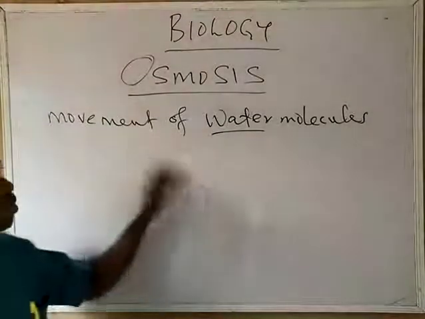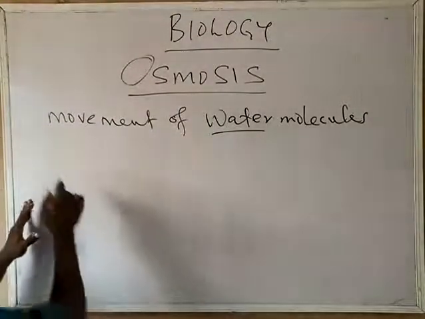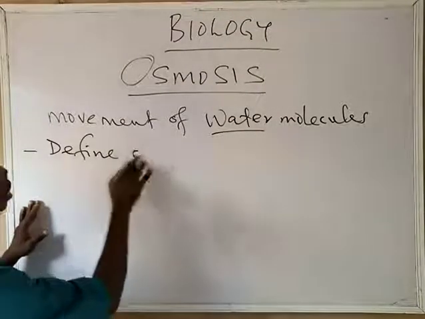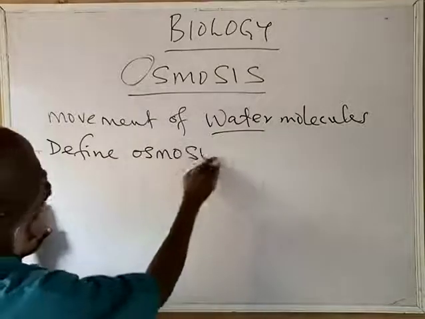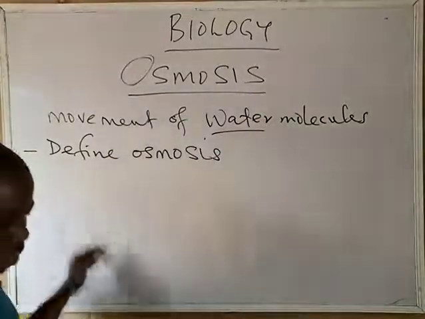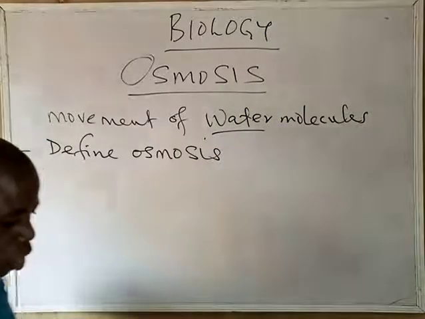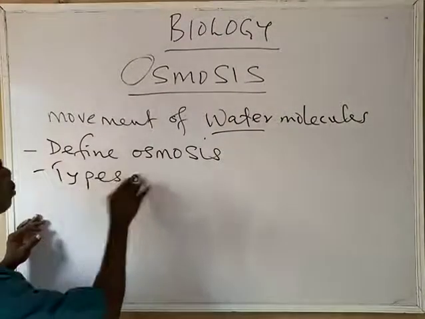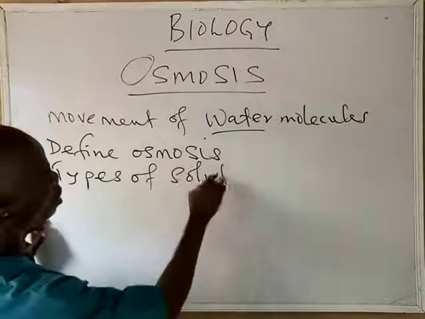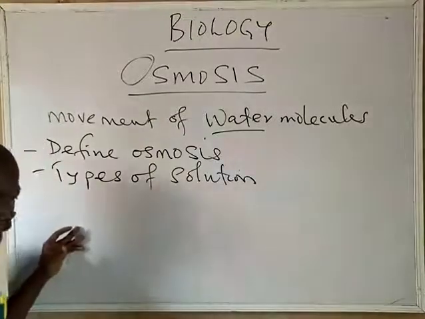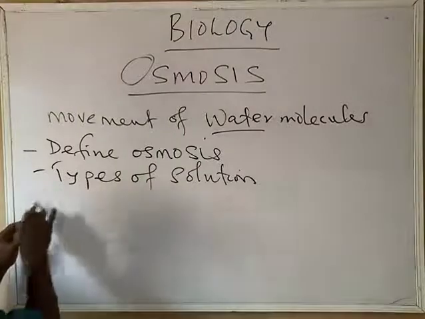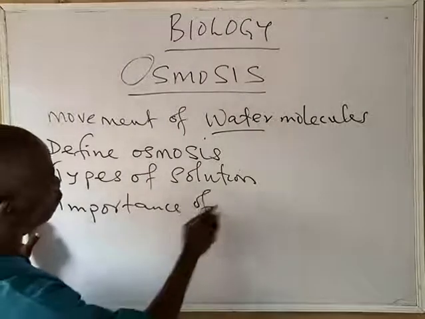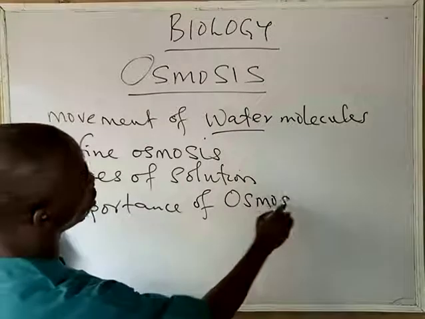So our first task is to define osmosis. We'll try to define osmosis and explain the various terms that are there. We'll also look at types of solutions. And as we go on, we'll look at the importance of osmosis.